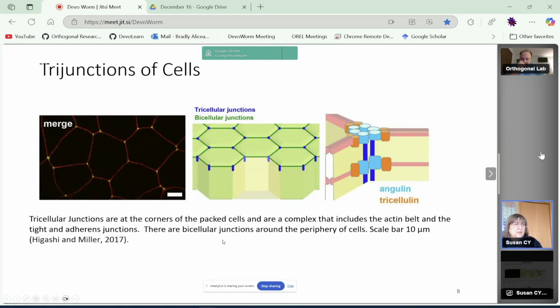Trijunctions in cells are between the cells. You can see them here in yellow, and here in blue, they occur at the vertices in the cells. And this is a close-up diagram of one.